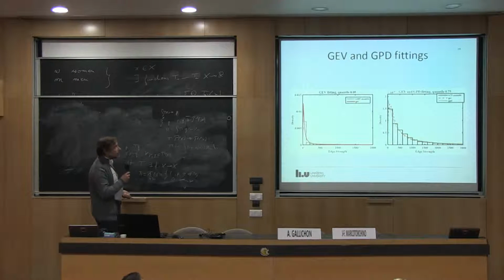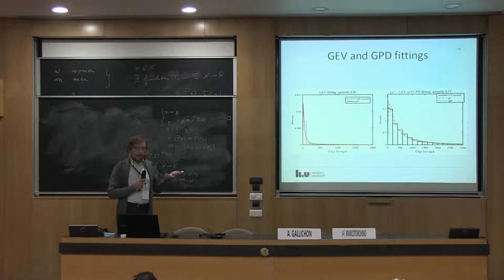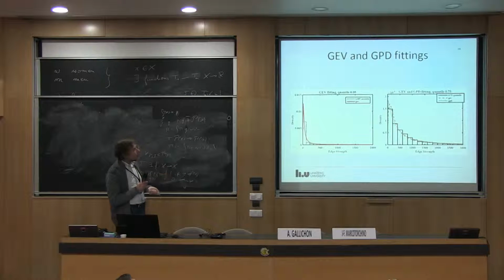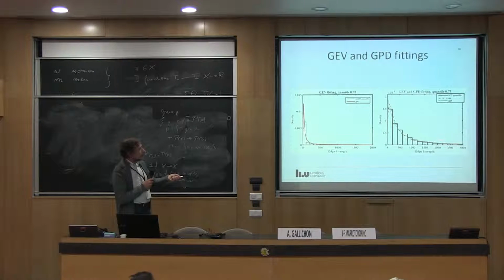And so here is an example of how it fits, because that's the first step. Here I used a GEV fitting for the non-zero gradient magnitudes. You see that almost all results are very small, and the fitting is okay. If you do the thresholding, for example, if you take the quantile 0.75 and then do the fitting, you see this fitting, which is very good.